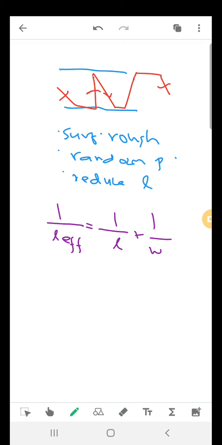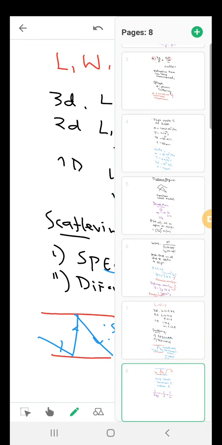This will actually cause a change in the Drude model that we predicted.